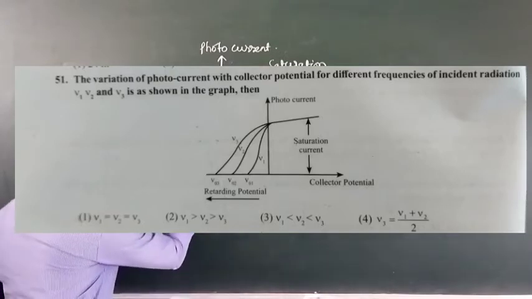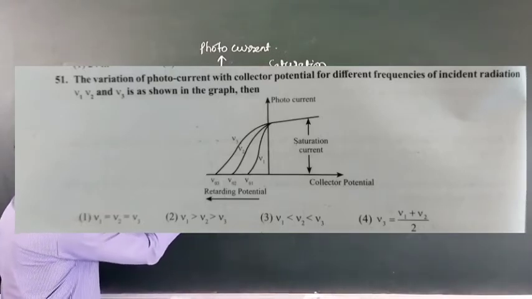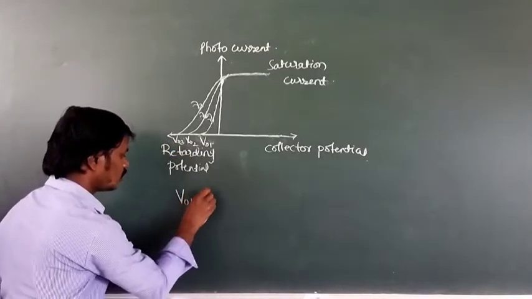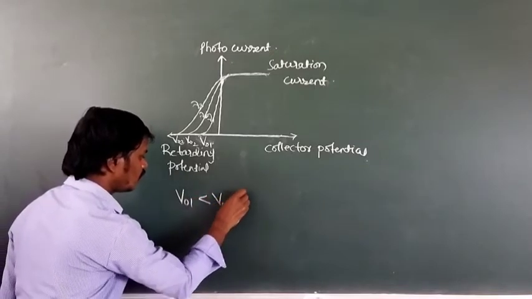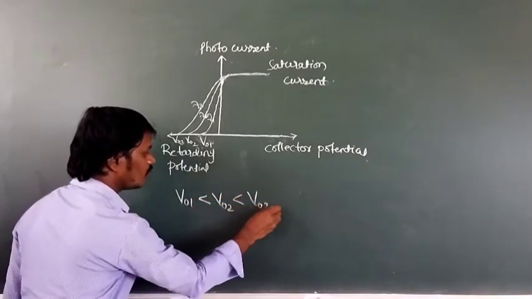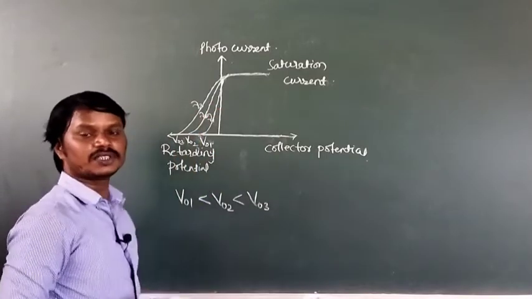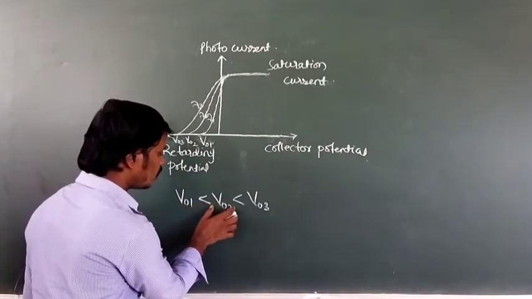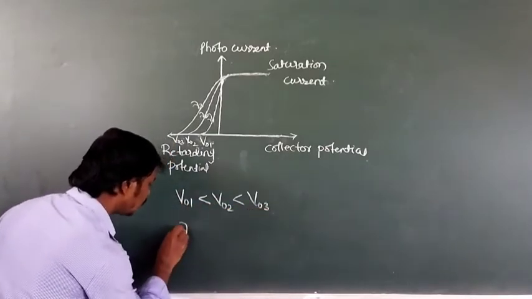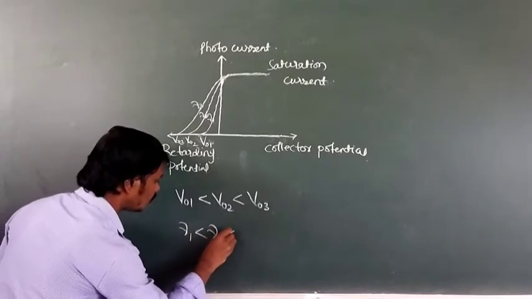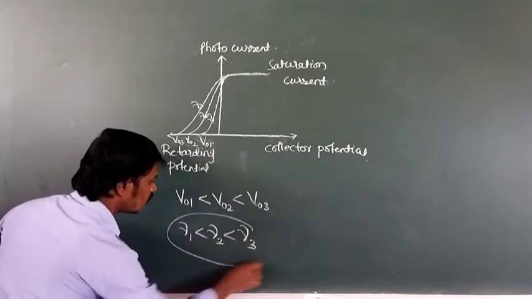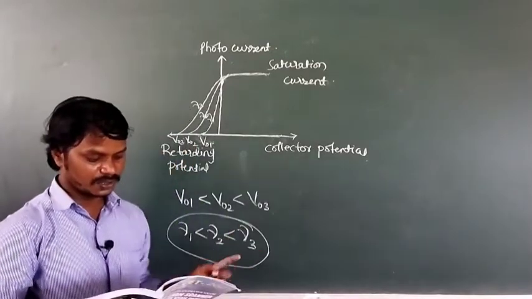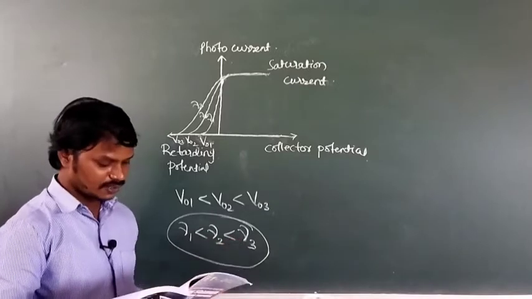See here, V01 is less than V02 and V02 is less than V03, and the frequency and stopping potential are both directly proportional. If V01 is less than V02 and V02 is less than V03, then nu1 is less than nu2 and nu2 is less than nu3. Hence this is the answer. So the third option is the correct answer: nu1 is less than nu2 and nu2 is less than nu3.